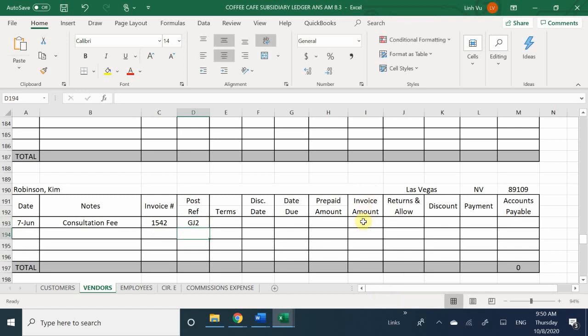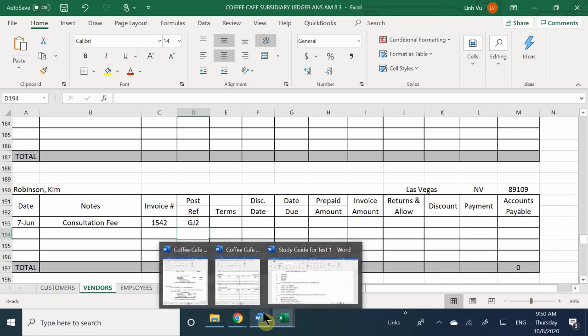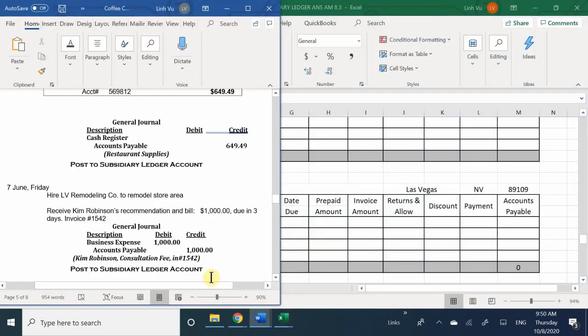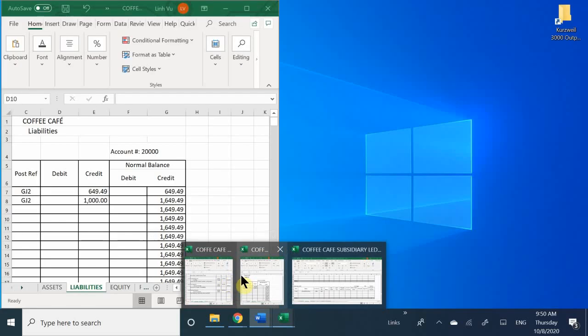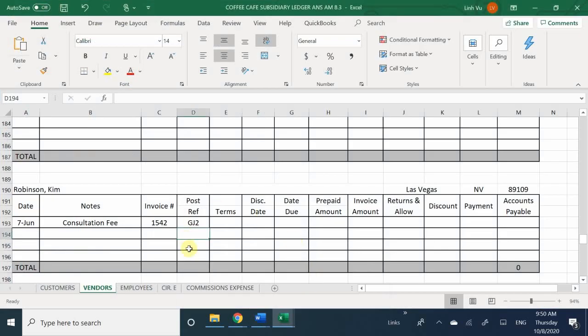Okay. Now, this is where we can apply terms, okay? And in this case, when is the bill due? It's due in 3 days. Okay, so June 10. So we've already calculated when the due date is. In this case, we weren't given any discount.